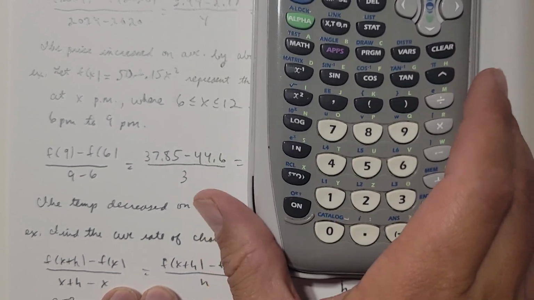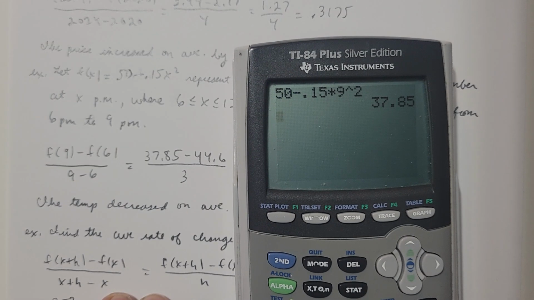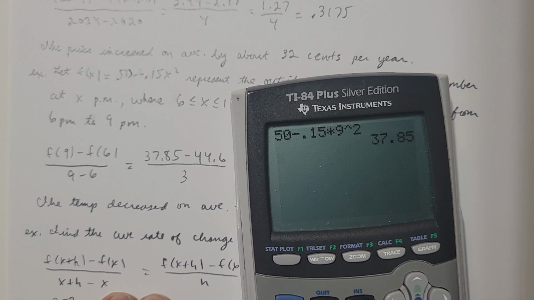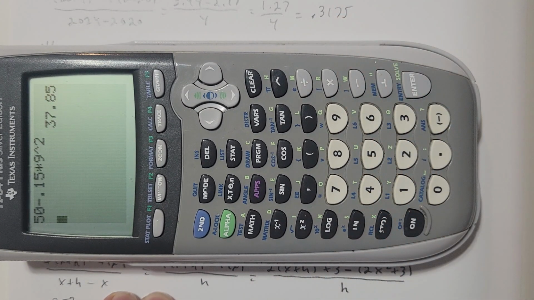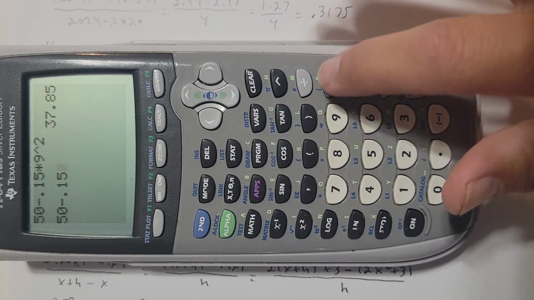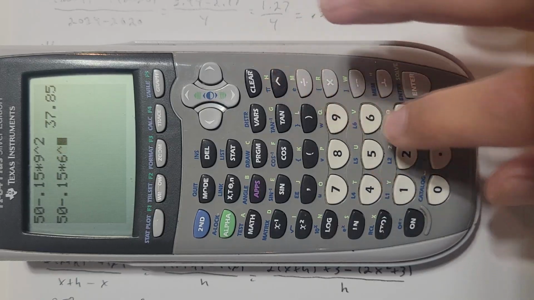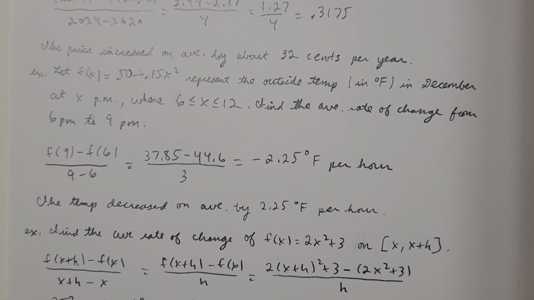Okay, and let's see, I'm getting 37.85 with that. Okay, and then f of 6, so if I plug in 6 there, I have 50 minus 0.15 times 6 squared is 44.6 is what I'm getting, okay? Divided by 9 minus 6 is 3.